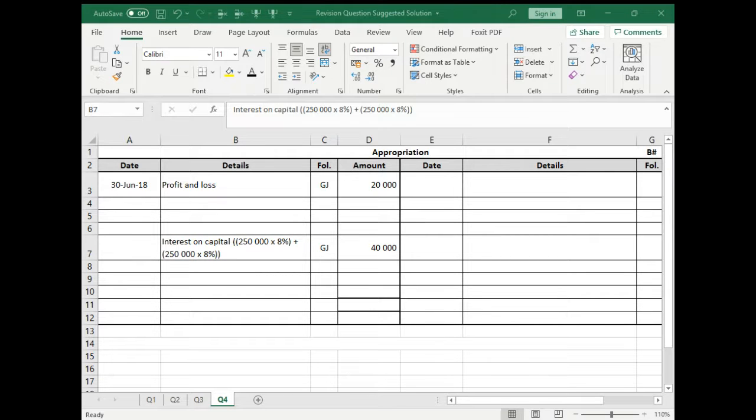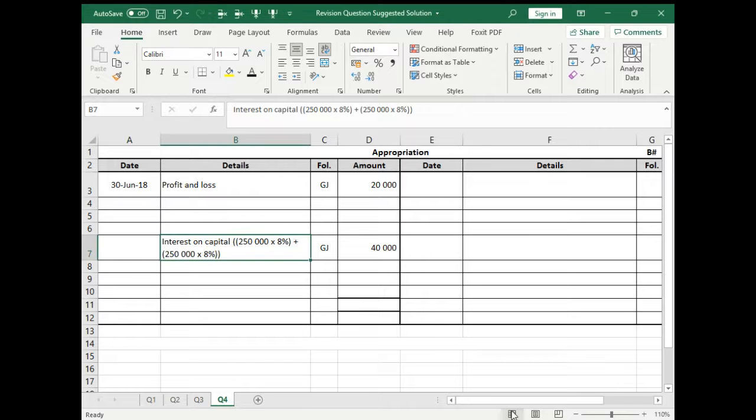Then the next one is the interest on drawings. Drawings is where we take money out of the partnership, so by penalizing them, we are getting interest. Mr. Mayer had 30,000 and he withdrew it 5 months before year end, whereas Lebogo had 15,000 and that was 7 months before.